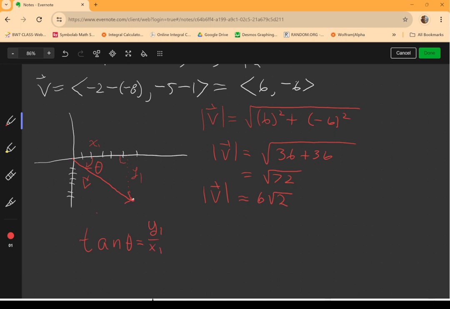That point is in fact (6, -6), so tangent of theta is equal to -6 over 6, which reduces to -1.